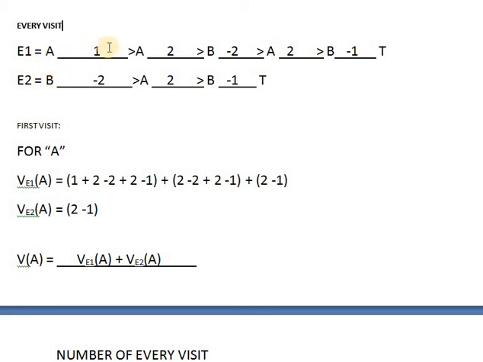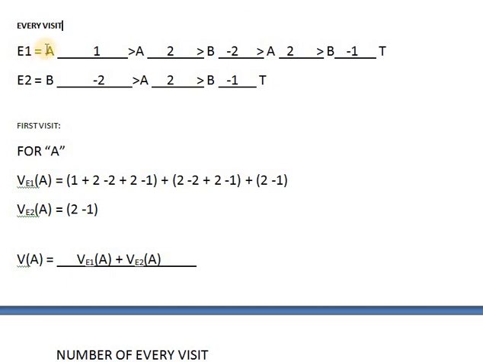Here we need to calculate whenever the A starts, at that time we have to calculate the remaining numbers behind the A. For example, the first event, the A starts here. So I have taken all the values after the A, that is from A to A 1, from A to B 2, from B to A -2, from A to B again 2, and B to T -1.